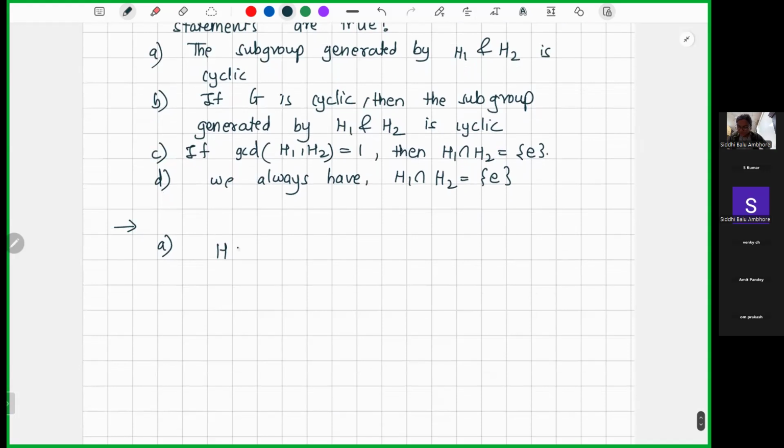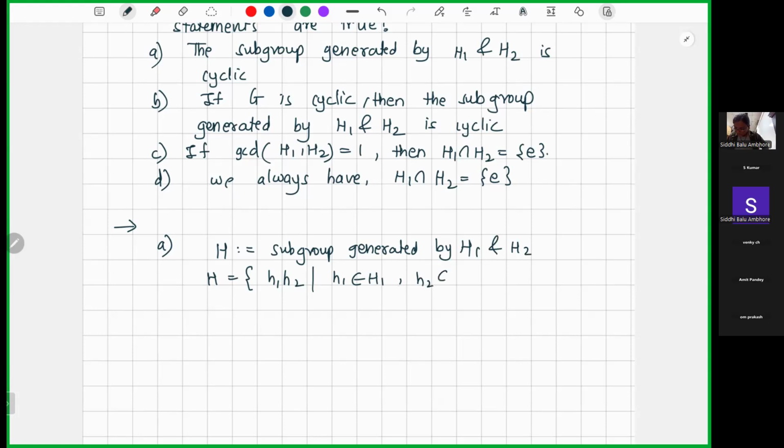If I take H to be the subgroup generated by H1 and H2, then H contains all h1, h2, where h1 is in H1 and h2 is in H2.